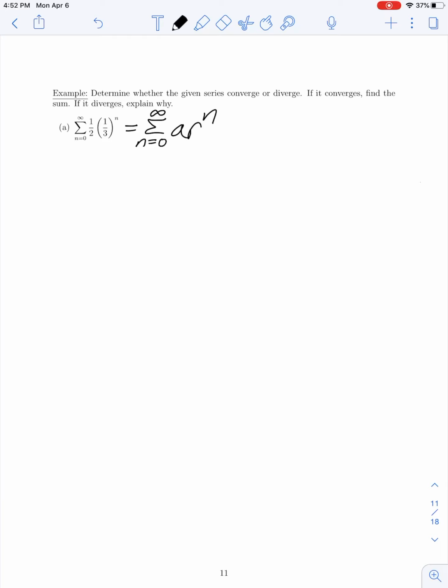To determine convergence or divergence for this series, we would look at the absolute value of the ratio r. In this case, that is the absolute value of 1/3, which is 1/3, and that is a value less than 1.